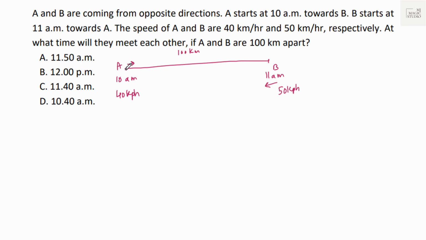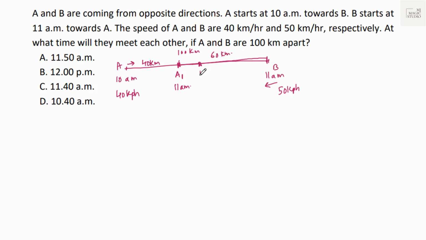Now first we need to identify where A is at 11 o'clock. A is at this point, A1, which is 40 km ahead of the point A. A is here at 11 a.m. That means the distance between A1 and B now is simply 100 minus 40, that is 60 km.